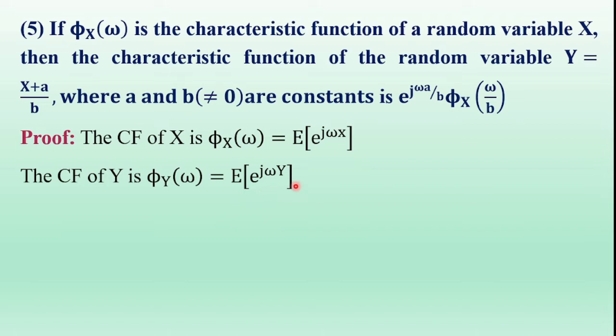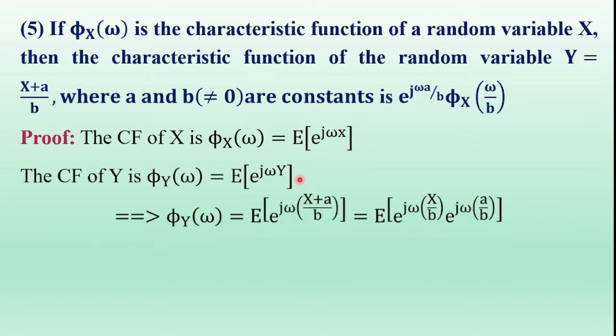Here we want to prove the characteristic function of (X + a)/b. On the RHS, substitute Y = (X + a)/b. We get the RHS term as E[e^(jω(X + a)/b)].